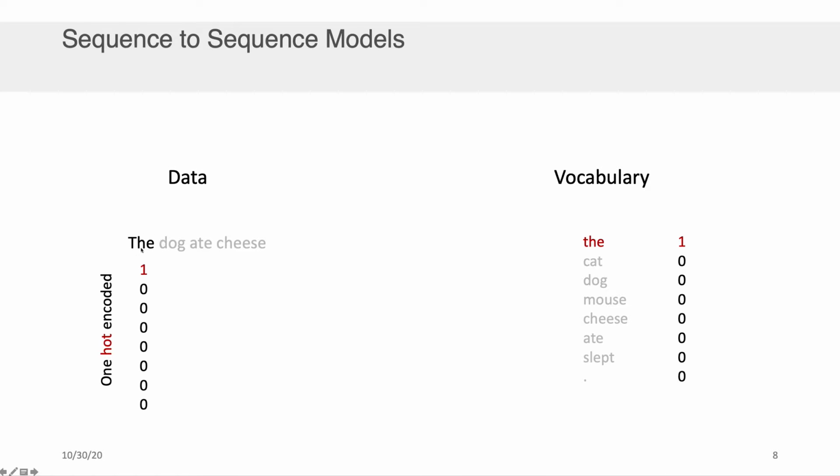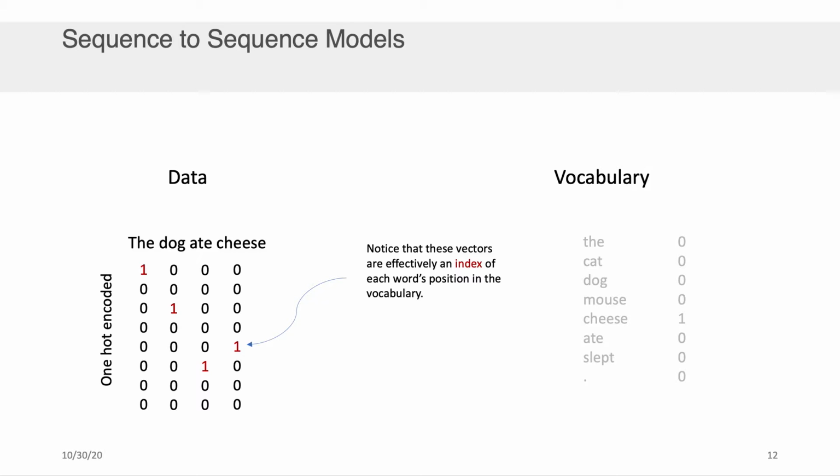So for example, the word "the" here has a 1 at the position in the vocabulary that corresponds to the word "the," and it's 0 everywhere else. This is what a one-hot encoded representation of the word "the" would look like. We can similarly perform this for the word "dog," as you can see, "ate," and "cheese," so that we get the one-hot encoded version of the sentence.